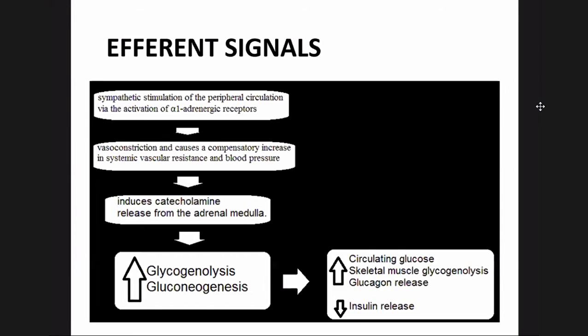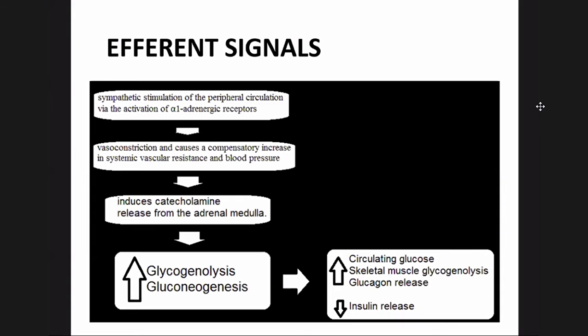And then sympathetic stimulation of the peripheral circulation via the activation of alpha-1 adrenergic receptors, which vasoconstricts and causes a compensatory increase in systemic vascular resistance and blood pressure. It also induces catecholamine release from the adrenal medulla, which causes an increase in glycogenolysis and gluconeogenesis.